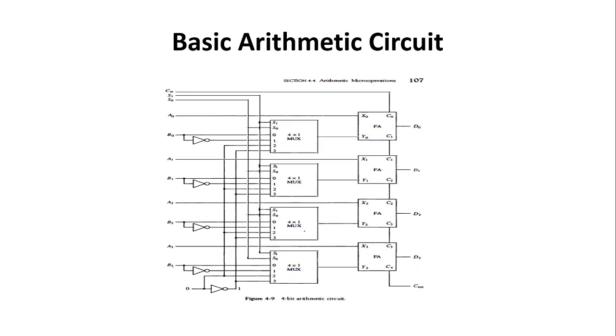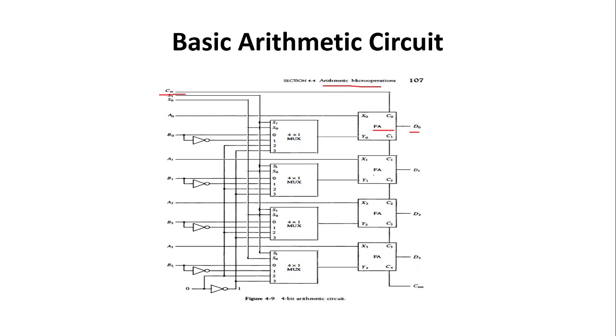This one is the basic arithmetic circuit for the implementation of arithmetic micro operations. This circuit includes 4 multiplexers, each of 4 into 1, that takes 4 inputs and produces 1 output. There are 4 full adders, and the outputs generated by these full adders are D0, D1, D2 and D3.